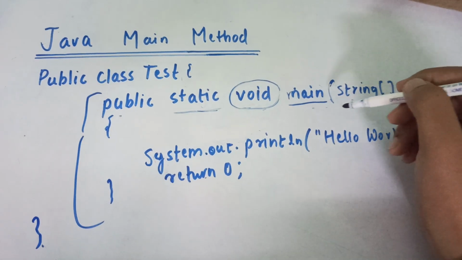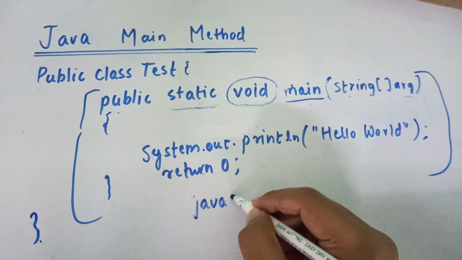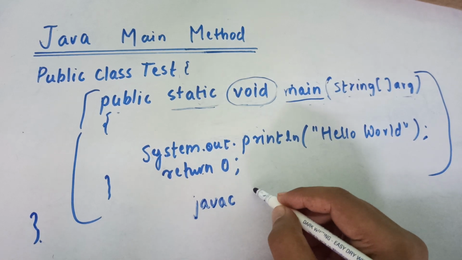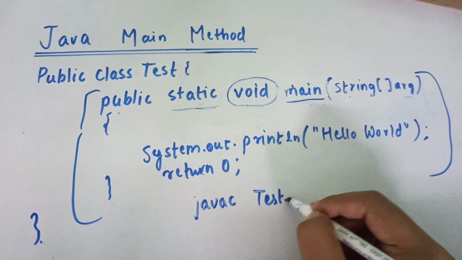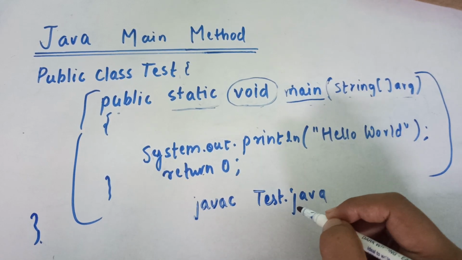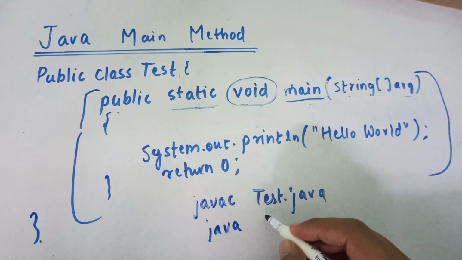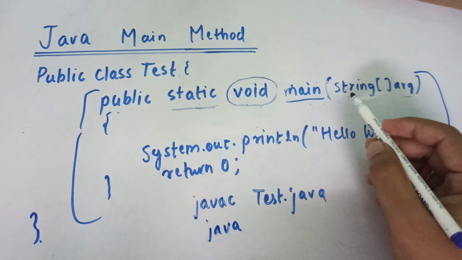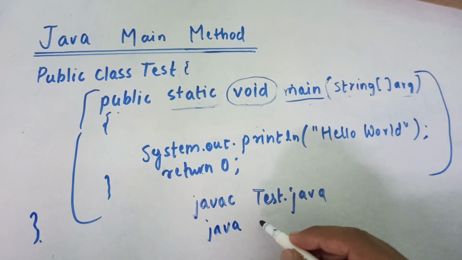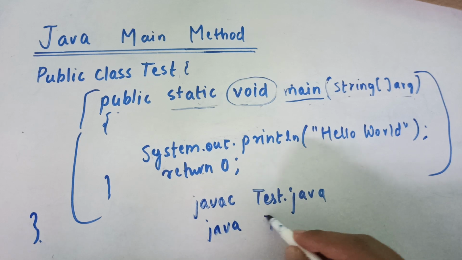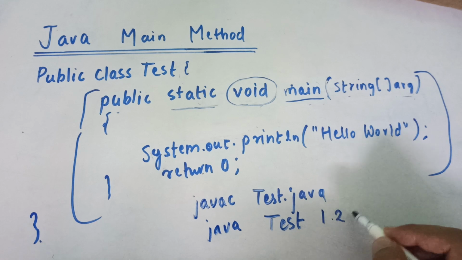When you run Java programs, you type javac and the name of the file, like test.java. And if you want to pass an argument through this parameter, how will you do that? You just need to type java test 1 2 3.